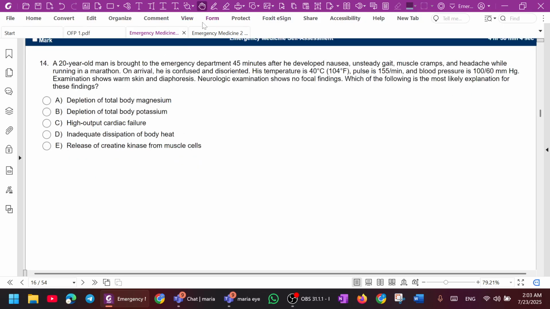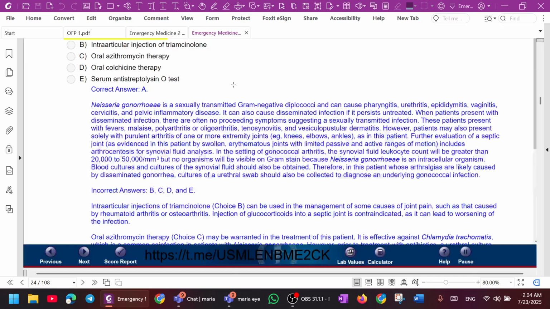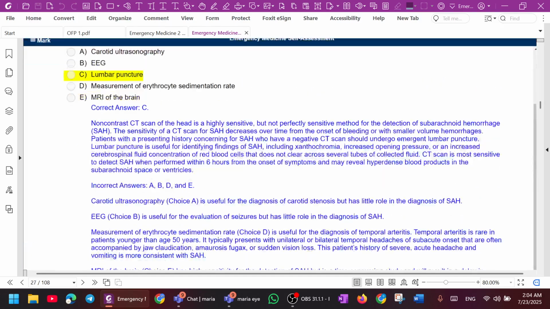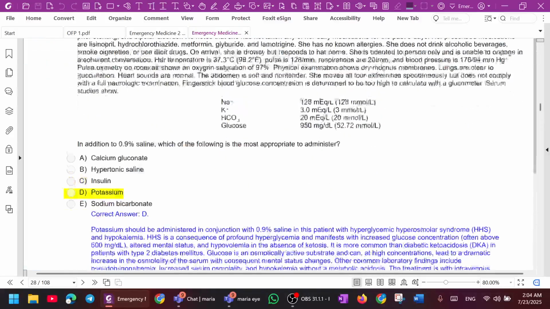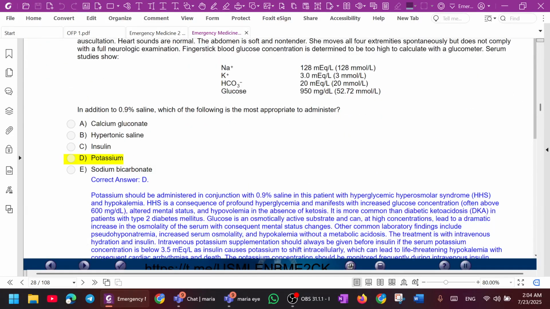It is more common than DKA in patients with type 2 diabetes. Glucose is an osmotically active substance and at high concentration leads to a dramatic increase in the osmolarity of the serum with consequent mental status changes. Other common lab findings include pseudohyponatremia, increased serum osmolarity, and hypokalemia without metabolic acidosis.